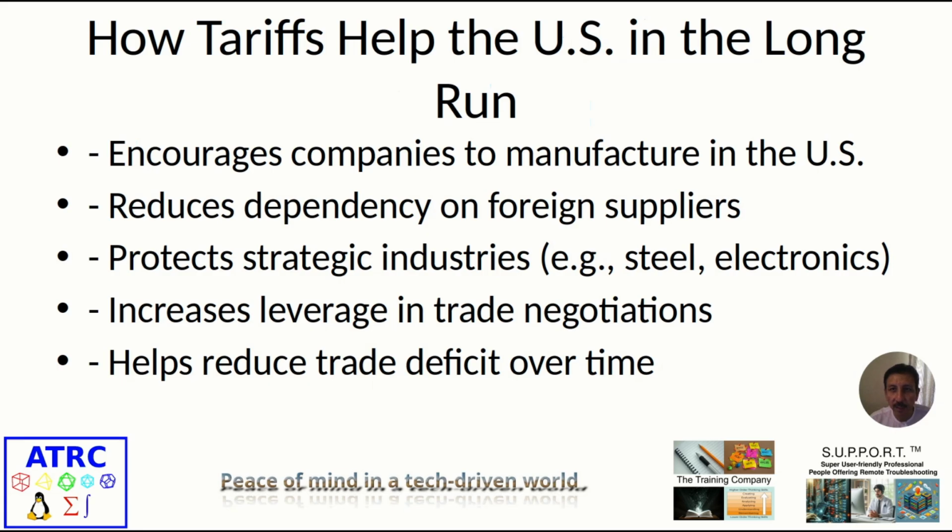In the long run, tariffs are a way for the US to reshape its economy strategically. First, by making imported goods more expensive, tariffs push companies to consider manufacturing in the US, creating more American jobs. They're expecting 5 million jobs or something like that. Second, they reduce the dependency on foreign suppliers, which is especially important in times of global crises or conflicts.